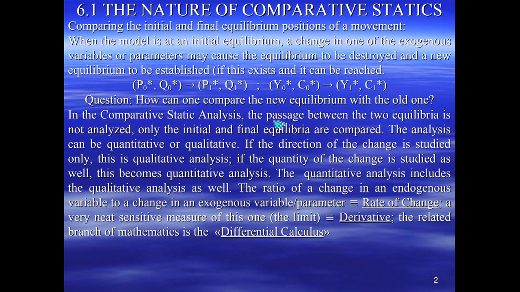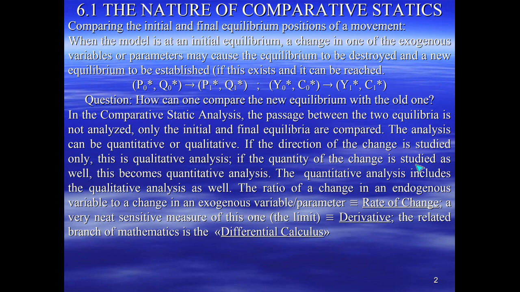In the comparative static analysis, the passage between the two equilibria is not analyzed, only the initial and final equilibria are compared, as I said. The analysis can be quantitative or qualitative. This is important because in the qualitative analysis, what counts is only the direction of the change, the sense of the change, not the quantity, the measure of the change. So if only the direction of the change is studied, this is qualitative analysis.